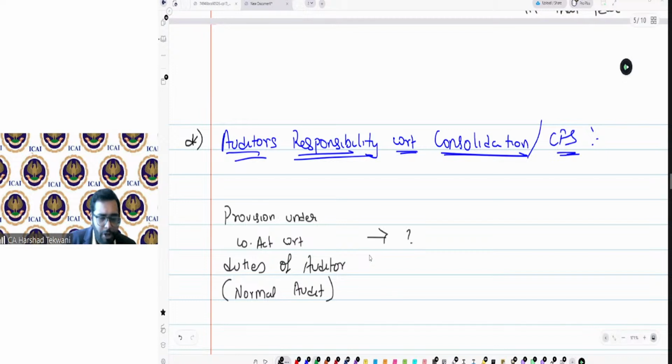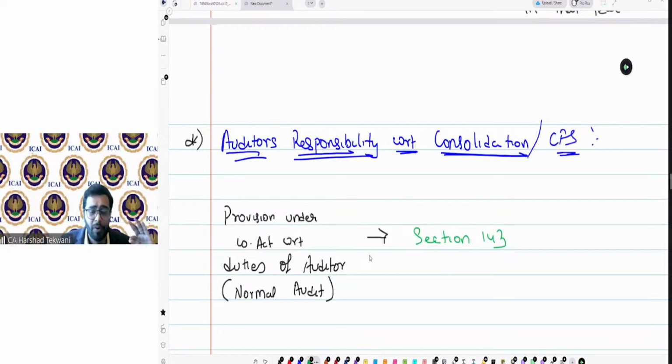Section 143, absolutely correct. Very good, Mundu. Very good, Venkata. Okay.